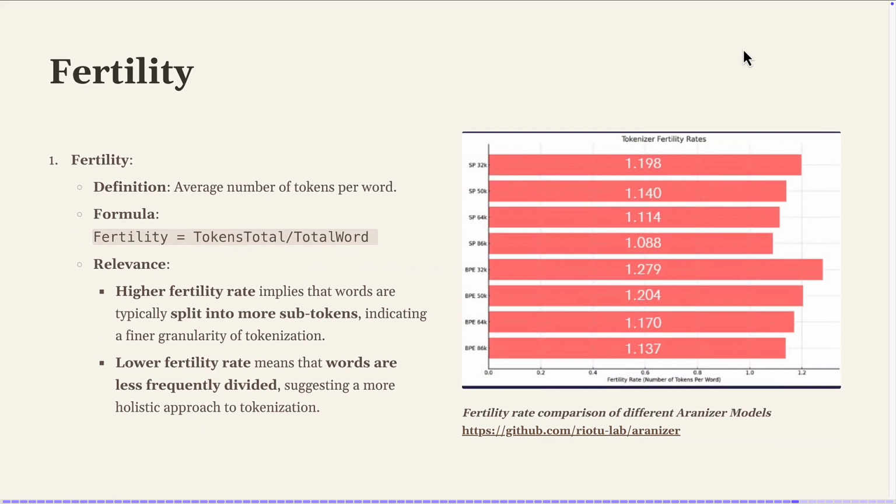The first one is called fertility. Fertility measures the average number of tokens per word. Here, for example, fertility is the total number of tokens divided by the total number of words, so it gives you an average. Now, for example, this is a SentencePiece 32K tokenizer.